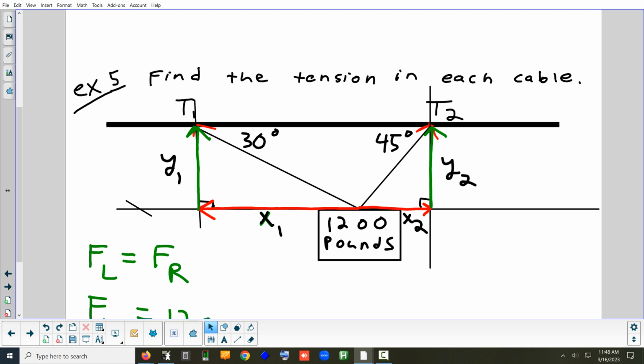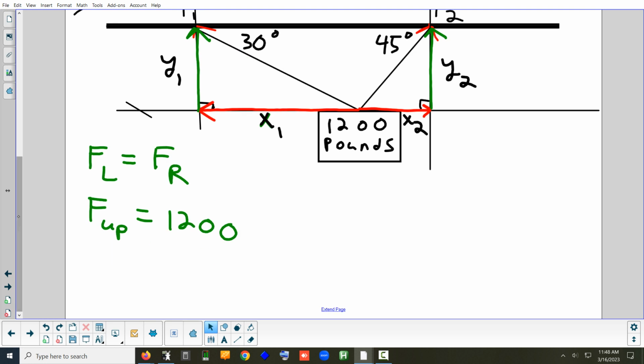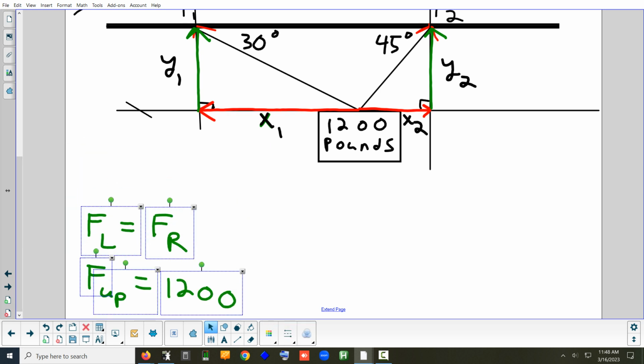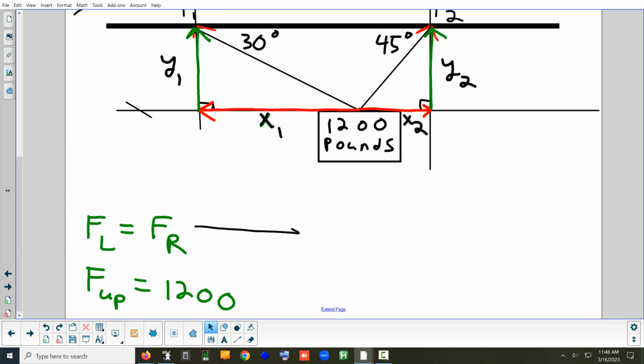So now let's substitute the labels X1, Y1, X2, Y2 into these equations and try to start to get something that is connecting more with this diagram and not just conceptual. Force left. How did we label force left here? Yep. So this is going to turn into X1 equals, what's the force right?